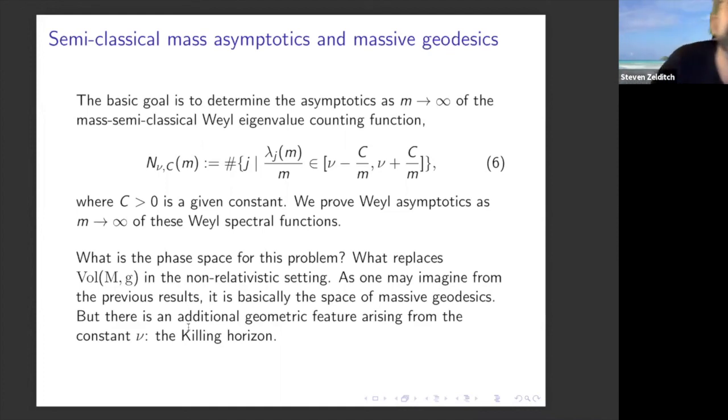So instead of looking at the space of null geodesics, we look at the space of massive geodesics with a fixed Lorentzian inner product. That's like the mass hyperboloid. Instead of looking at a null cone, you're going to look at a two-sheeted hyperboloid, and you're looking at the geodesics lying on the massive hyperboloids rather than the null hyperboloid.